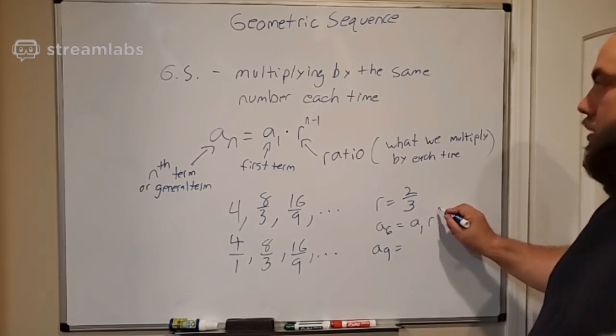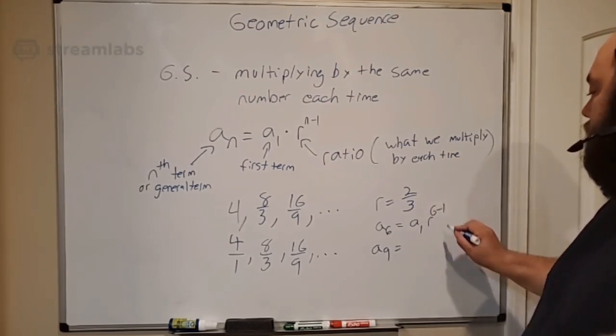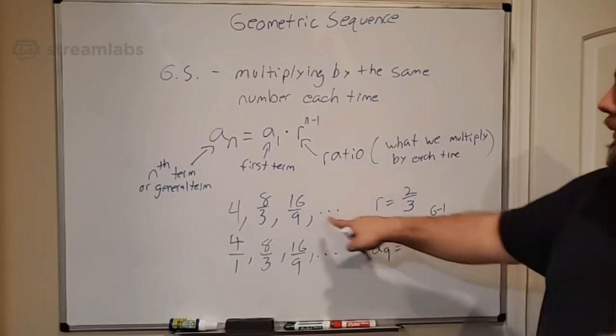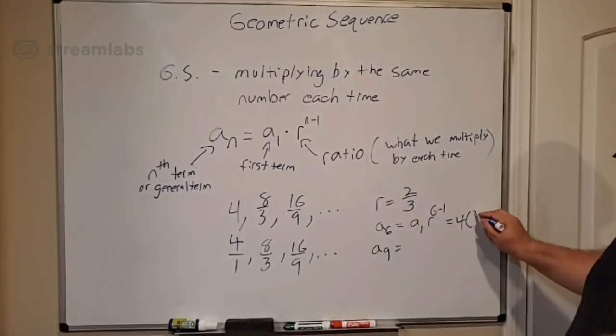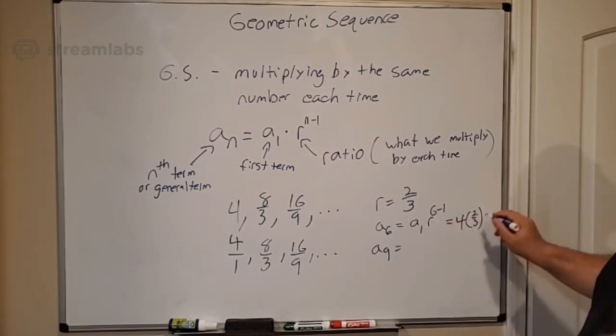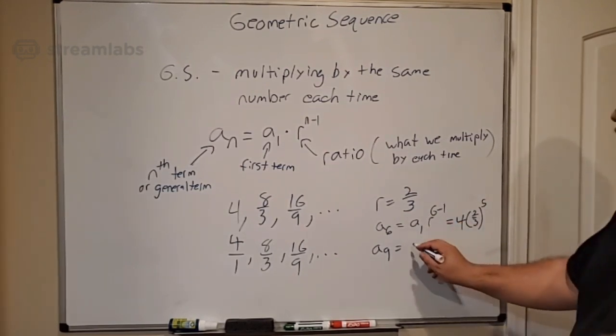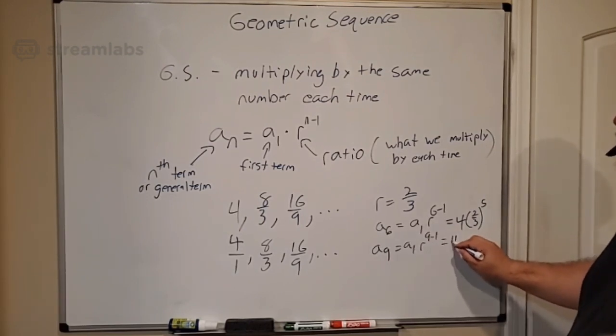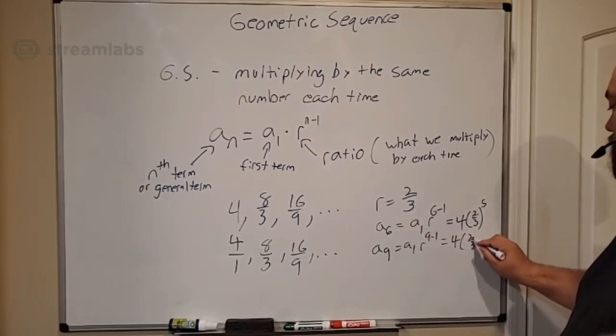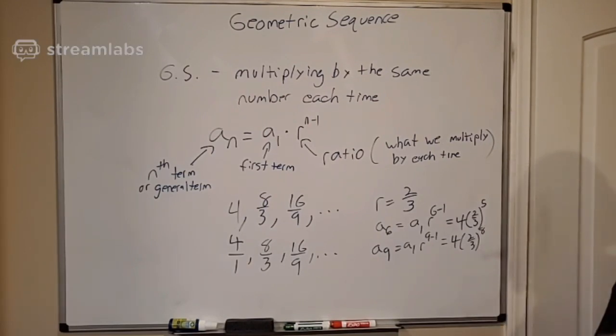So a sub 1 we're going to get from our sequence they gave us is 4, r is 2/3, and 6 minus 1 is 5. And then we get to do the same thing with 9, except we're going to replace that with an 8. And I'm going to safely, hopefully, assume that everybody can plug that into their calculator properly with fractions and exponents.